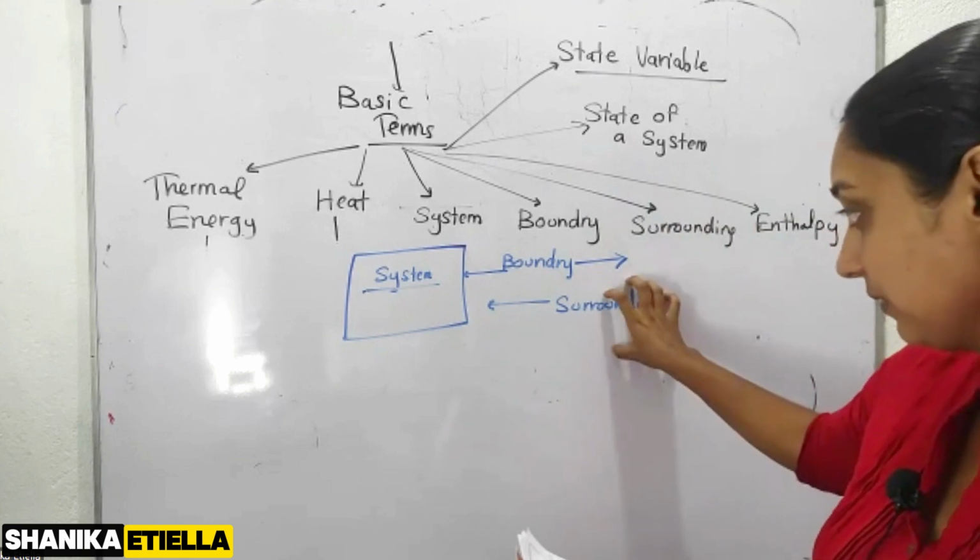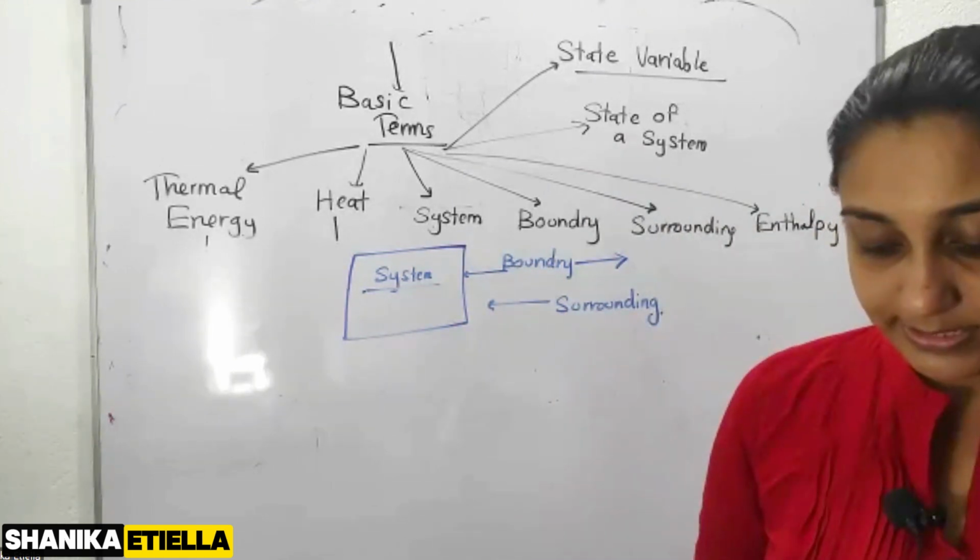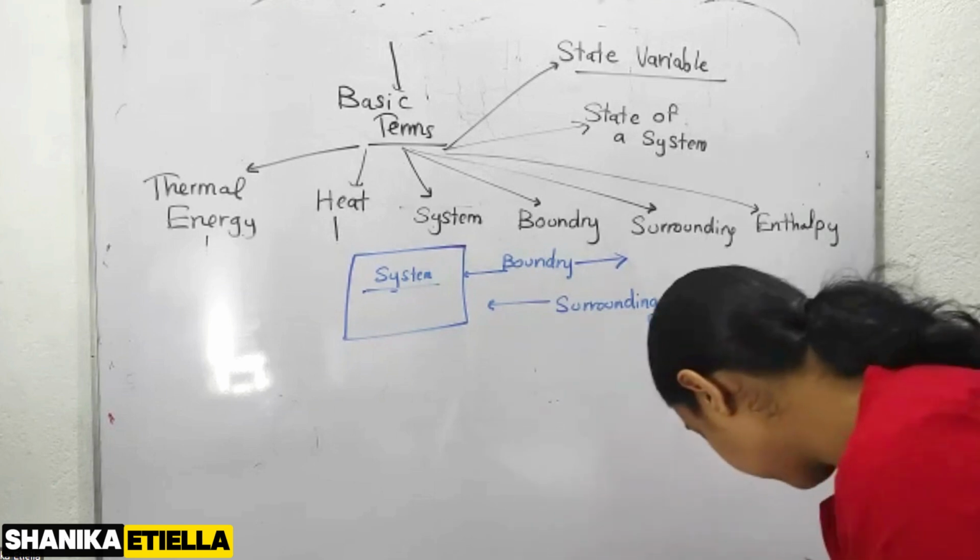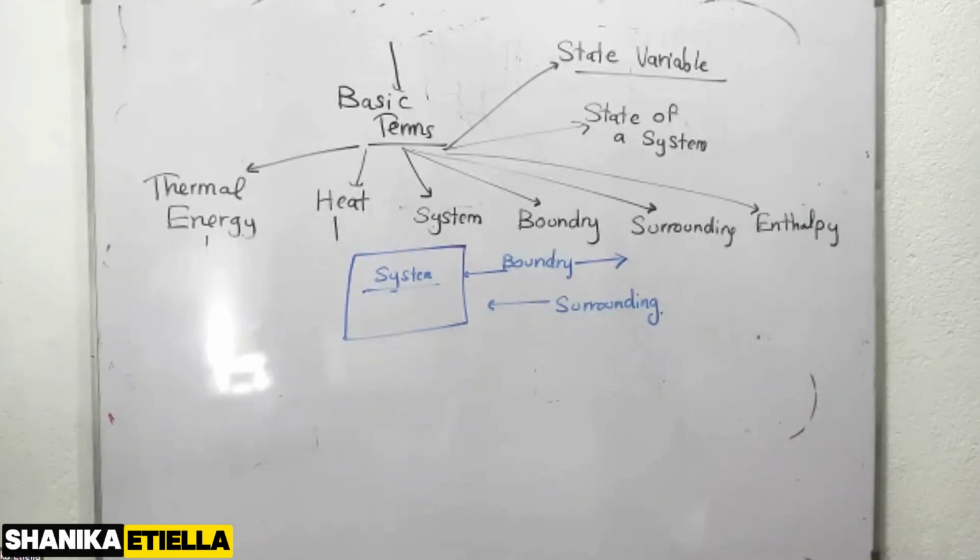Then write down under surrounding. The surroundings are considered to be all other portions of the universe which can interact with the system.